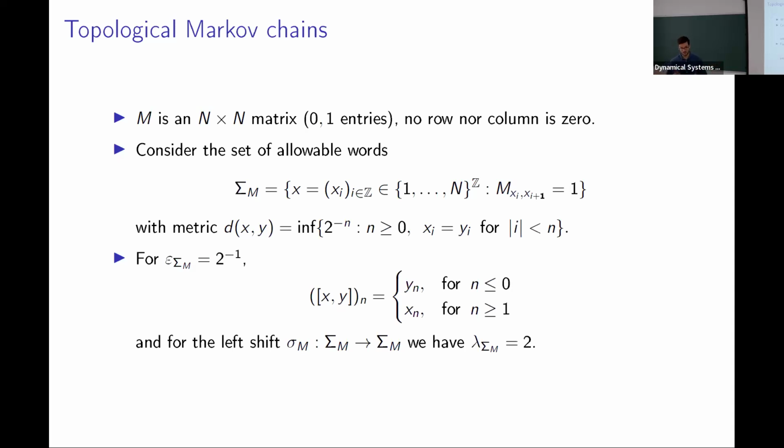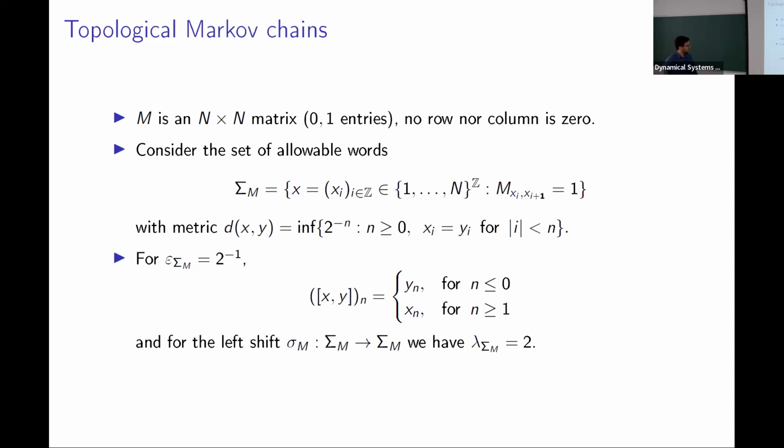Here you need bi-infinite sequences because you work with invertible dynamics. And x_i can be concatenated with x_{i+1} whenever the matrix allows you to do so. You can put a metric, in fact it's an ultrametric. It really measures for how long two words agree from the center, okay?